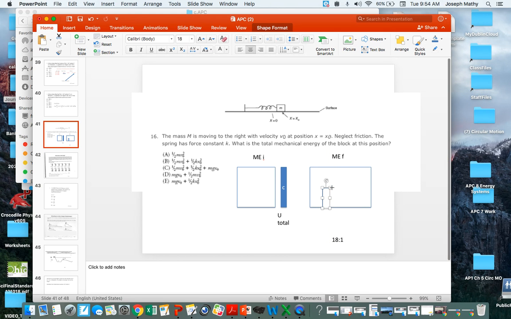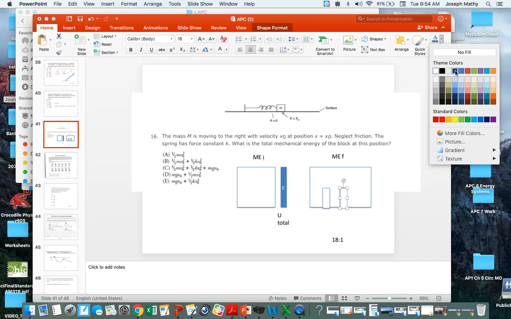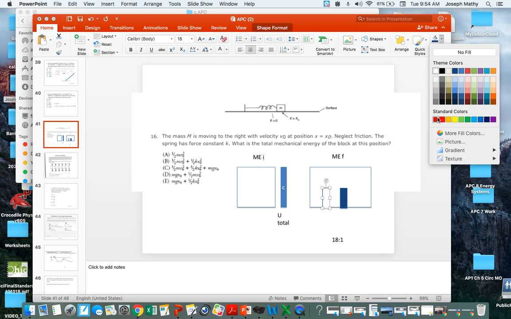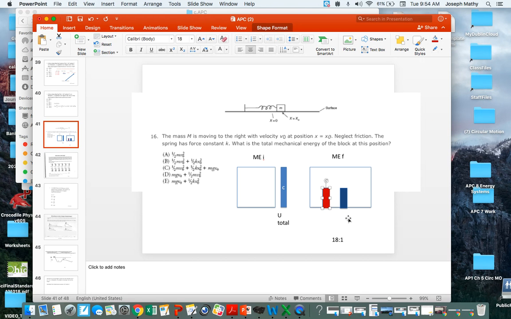he kind of looked at it this way: no matter what it was in the beginning, over here in our final scenario, it looks like a combination of these two. Whether they're half and half makes no difference to us. We just know that in the final scenario it's moving, so it has to have some kinetic energy.